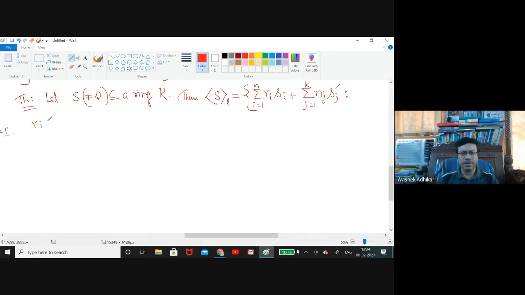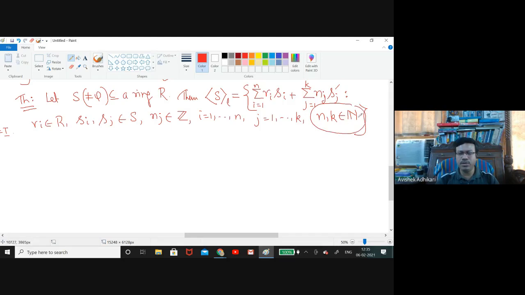Ri belongs to R, Si, Sj belong to S, nj belongs to Z, i equal to 1 to n, j equal to 1 to k, and both n and k belong to the natural numbers. This is very important.